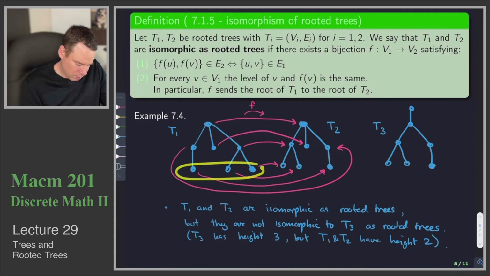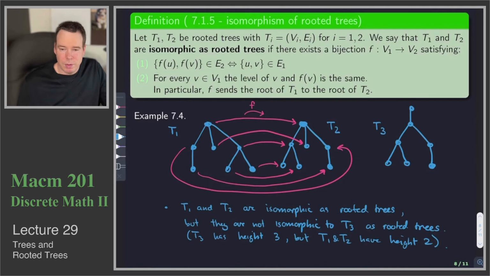And similarly, these 3 vertices are getting mapped to these 3 vertices, which are at the same level. So the heights have to be the same. So even though T1, T2, and T3 are isomorphic as graphs, they are not isomorphic as rooted trees. So we might as well put that one in here. T1, T2, and T3 are isomorphic as graphs.